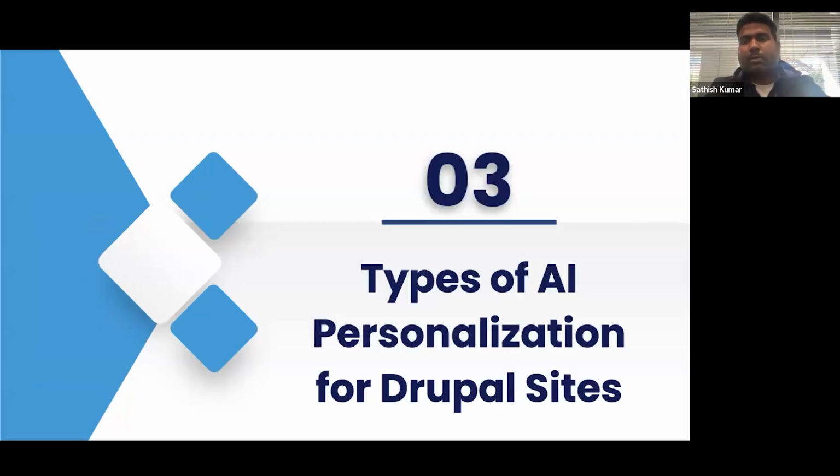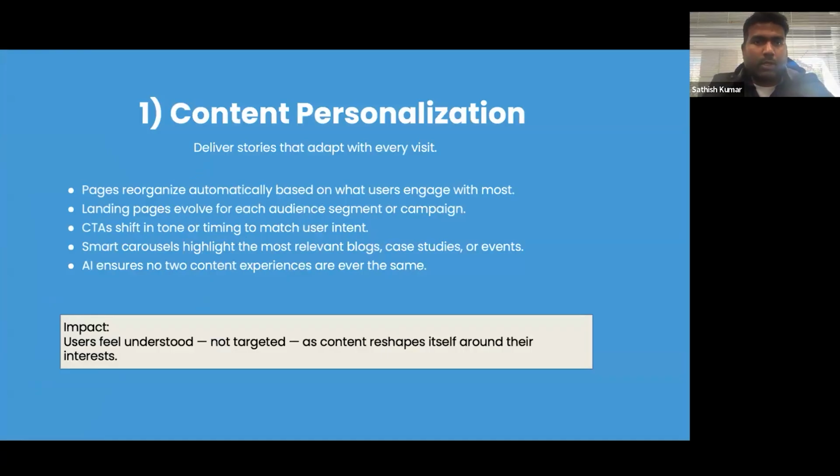So let's see some examples of what kind of personalization you can bring to the Drupal site. First one is definitely the content personalization. There are too many pages. Drupal is content targeted. It's a CMS, so there will be a lot of content, landing pages, call to actions. But in today's Gen Z case, they don't like to read content every now and then.